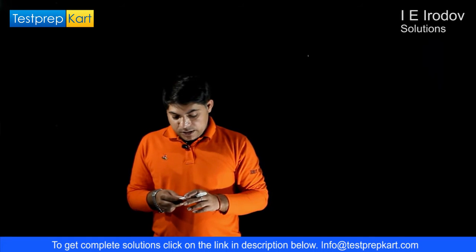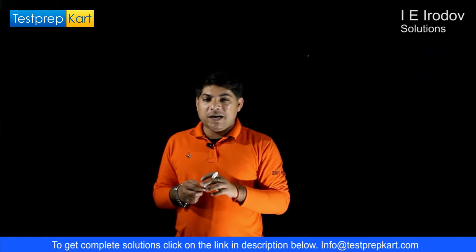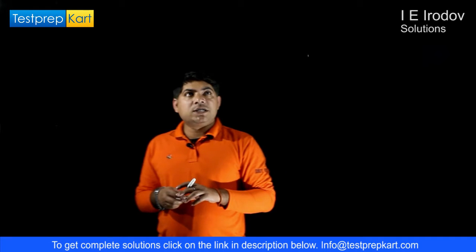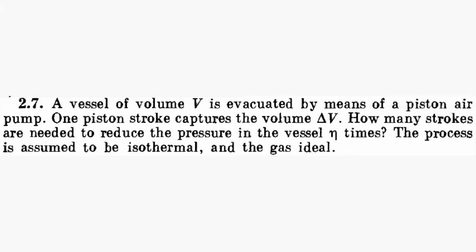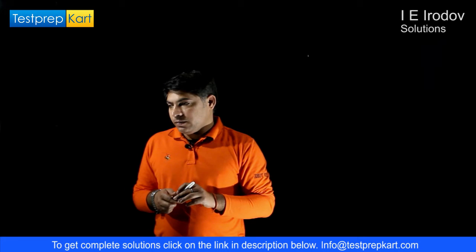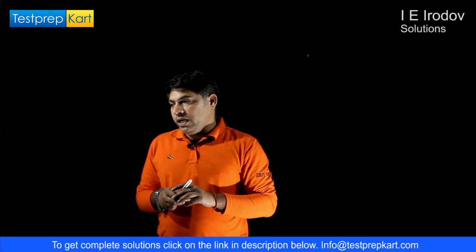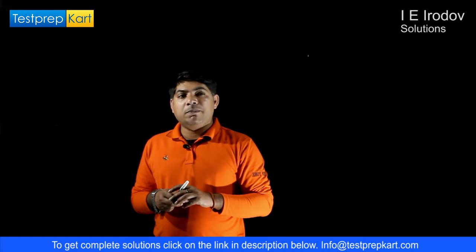So next part is the thermal physics, and we are going to take the first part, the equations of the gas. And the first question is question number 2.7. It states: a vessel of volume V is evacuated by means of a piston air pump.